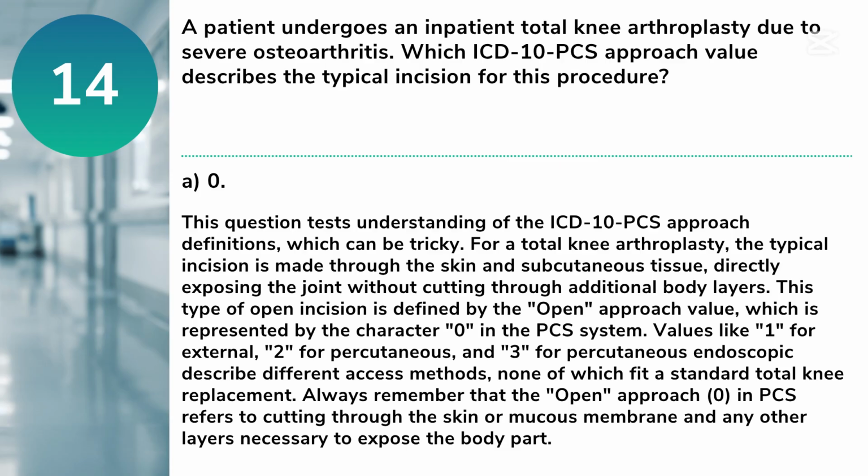Values like 1-4 external, 2-4 percutaneous, and 3-4 percutaneous endoscopic describe different access methods, none of which fit a standard total knee replacement. Always remember that the open approach, 0, in PCS refers to cutting through the skin or mucous membrane and any other layers necessary to expose the body part.